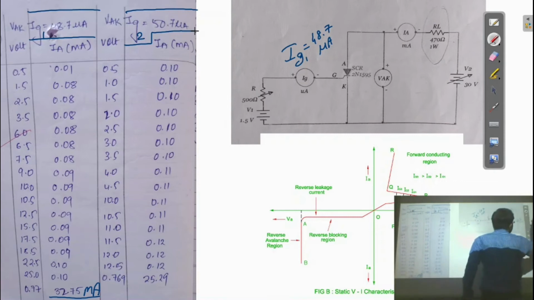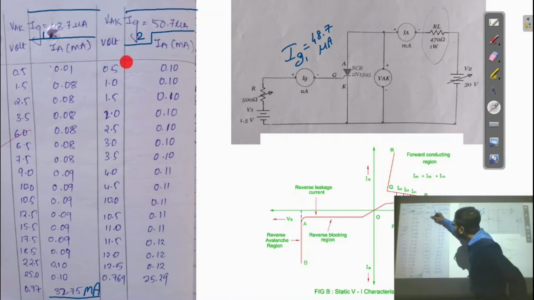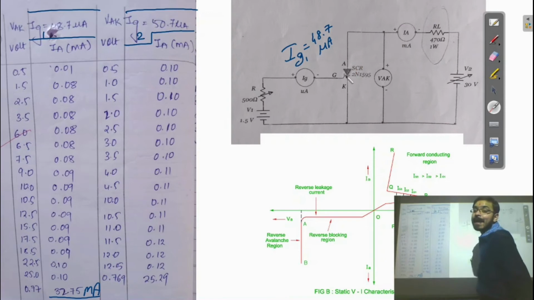Now for Ig2 we can see VAK we have increased, and when the VAK is greater than 12.5 volt, SCR starts to conduct. Why? Because here the Ig, the amount of current which we are providing, is more, 50.7 microampere.